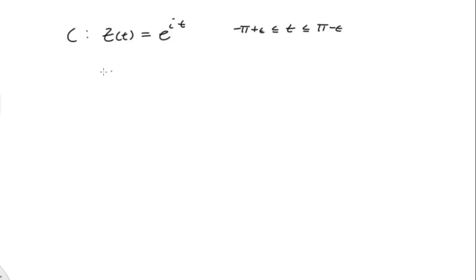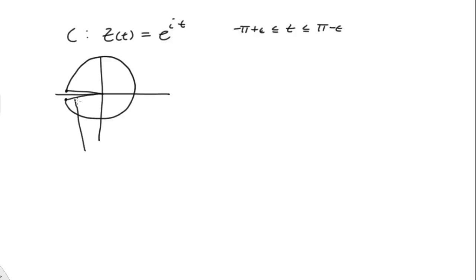And so this contour will go like this. We're going to start right there and go around like that. We have a very tiny angle there, plus and minus epsilon away from pi, and we start there and move like that.